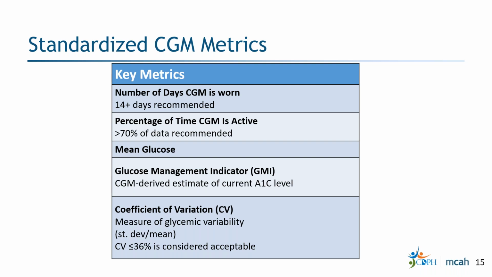I would say the most common are falling off early or not putting a new one on right away, with the exception of the intermittently scanned, which we know requires scanning at least every 8 hours. And so if a person is not scanning frequently enough, that could be a source of missed data. Now, we have some new terms. This glucose management indicator, or GMI, is actually a CGM derived estimate of the current A1C level.